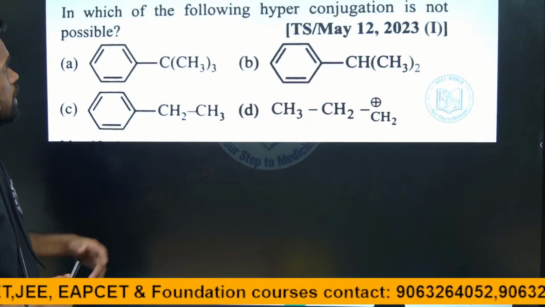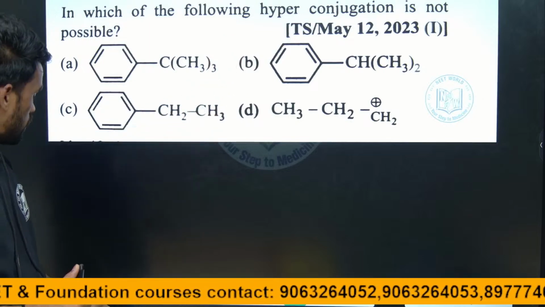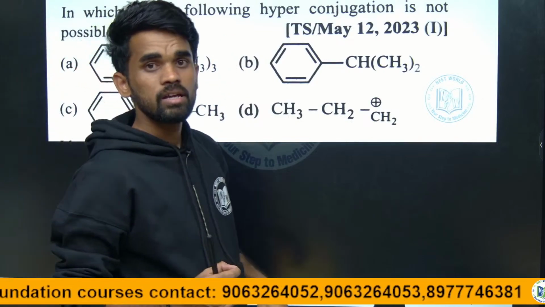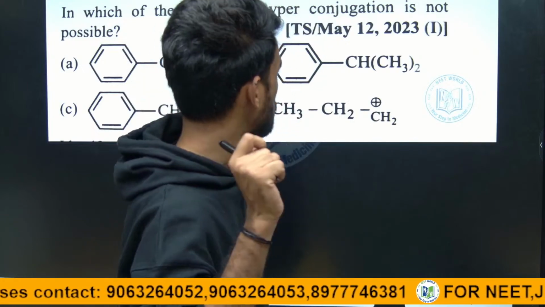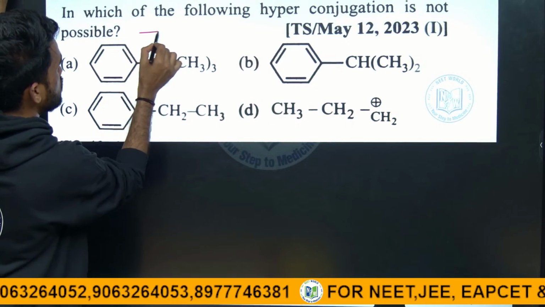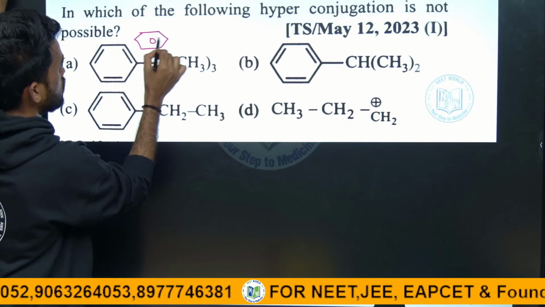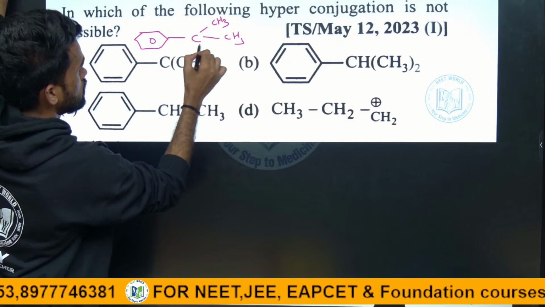Which of the following is hyperconjugation not possible in? In order to show hyperconjugation, the criterion is that there should be at least one alpha hydrogen. Look here, for this carbon we can draw CH3, CH3, CH3.